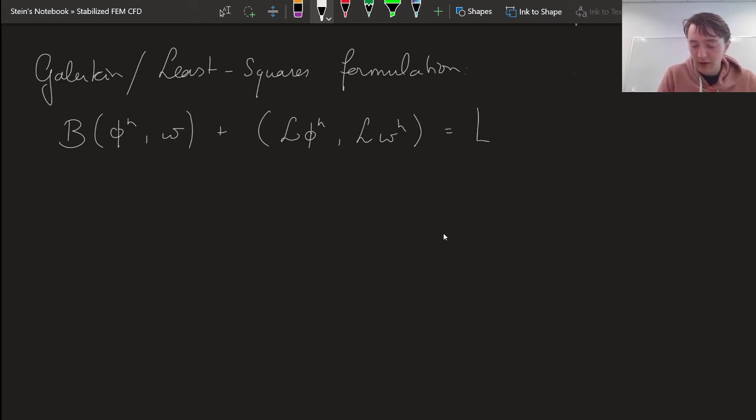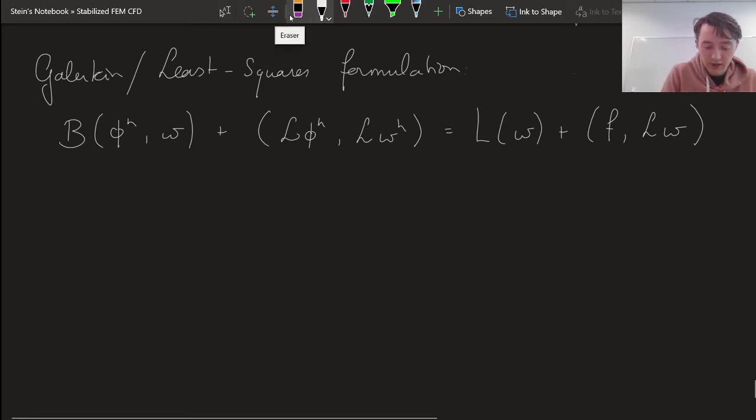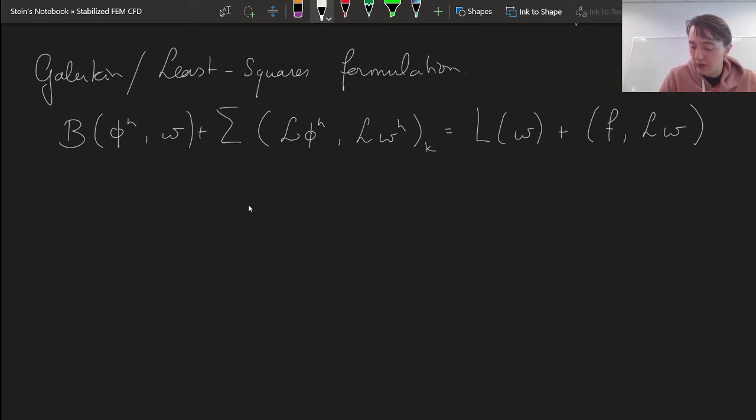And that's going to be equal to our standard linear form plus f, L w_h. Okay, and this is of course the important part. If we want to do something like this and we want to make use of the shape functions that we've talked about here, then we can only do this if we treat these two terms only in the element interior and then sum over these elements.